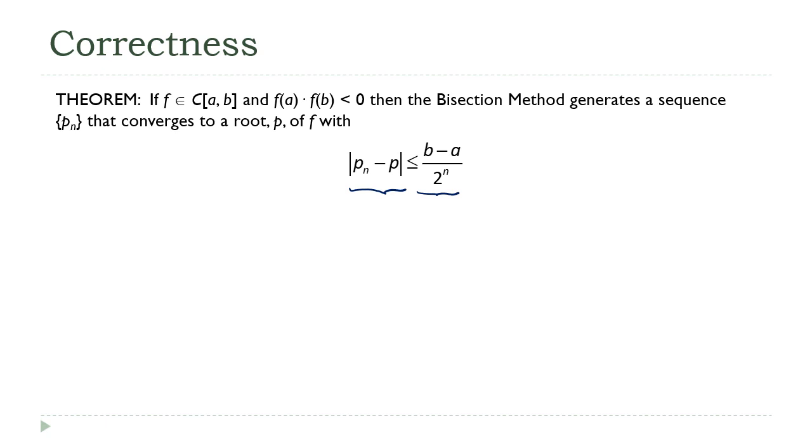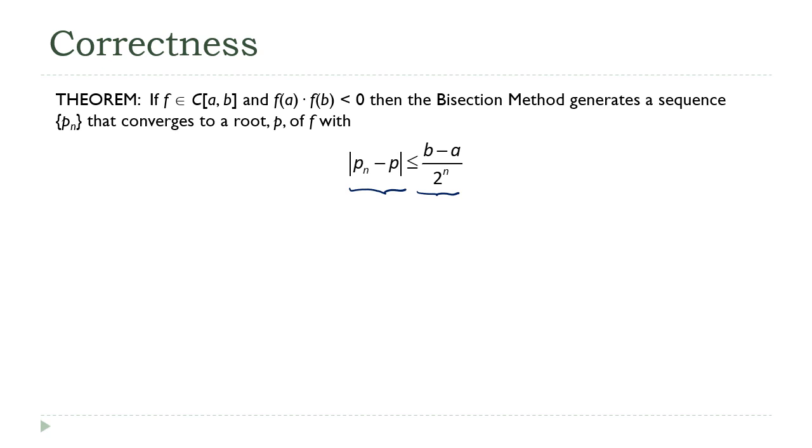If you look closely at that, it's always good to look at these error bounds and think about what the dependencies are. So the maximum error depends first on the size of the interval, that's b minus a. So it's clearly going to be to our advantage to make that interval as small as possible. And it depends on the number of iterations. Obviously, as n gets big, 2 to the n gets even bigger. We're dividing by a big number. We can expect that to go to 0.